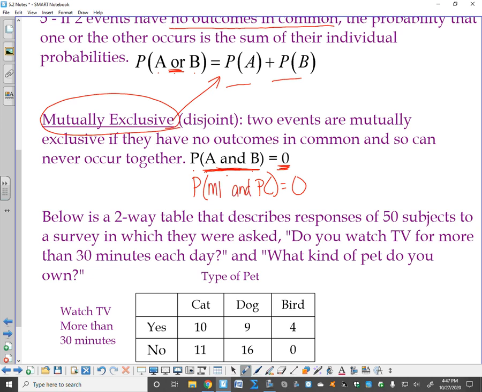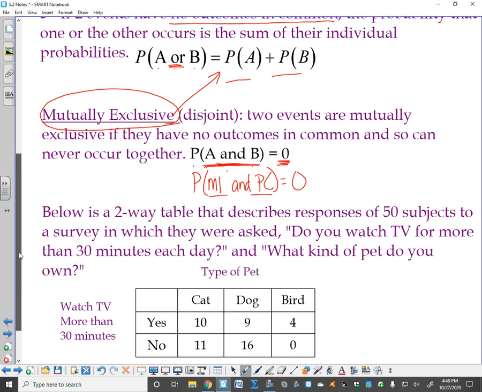But if there is overlappage between the two events, then they are not mutually exclusive, because the probability of A and B is not 0, because A and B can happen together. Okay? If you need to, pause it, rewind, and just listen to that from the number 5 down. Listen to that one more time and digest that.